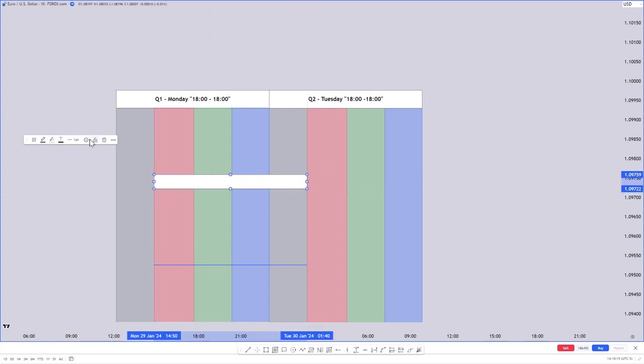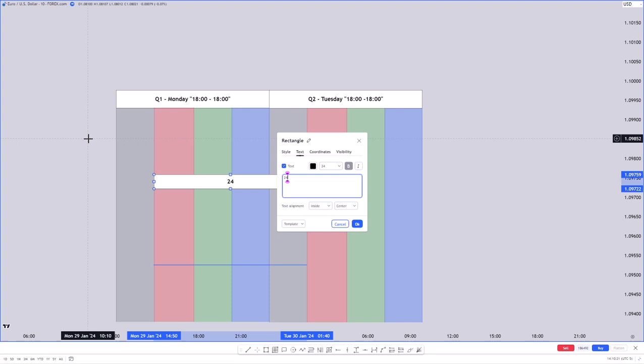is a full 24-hour range, meaning Q2 begins at midnight to midnight.